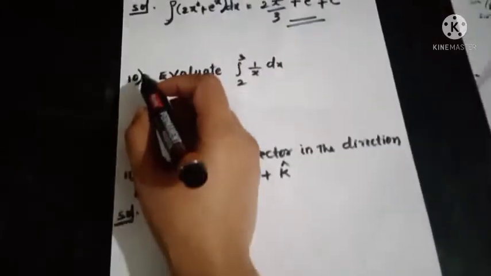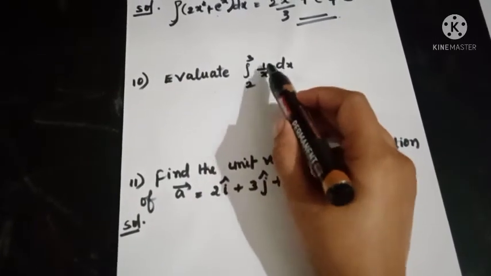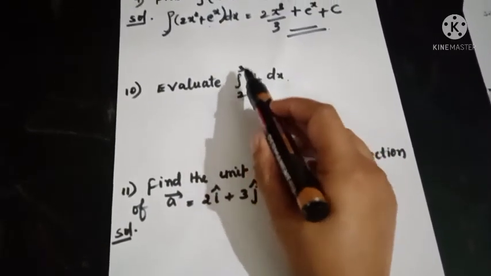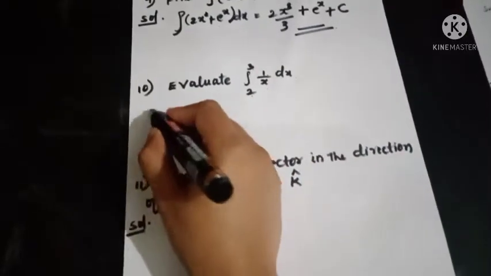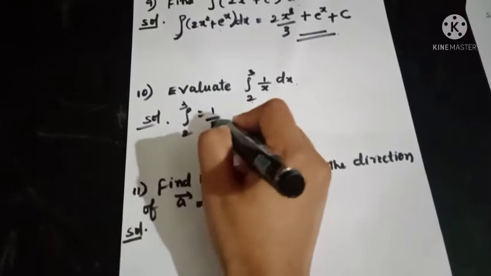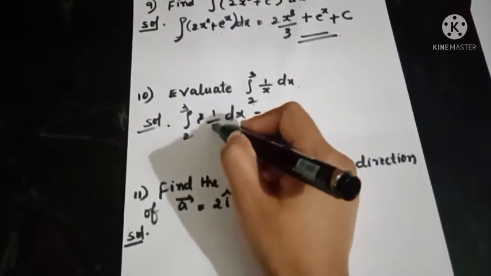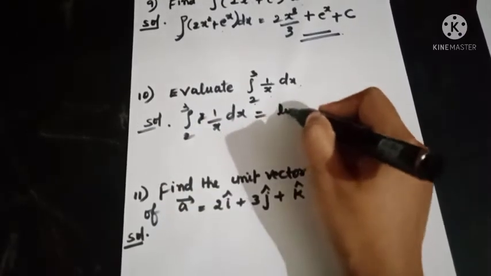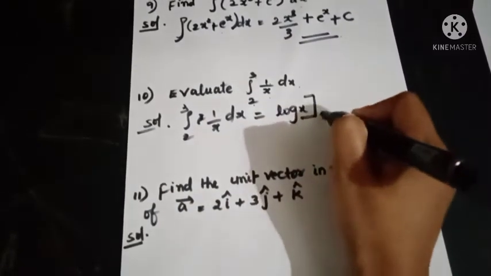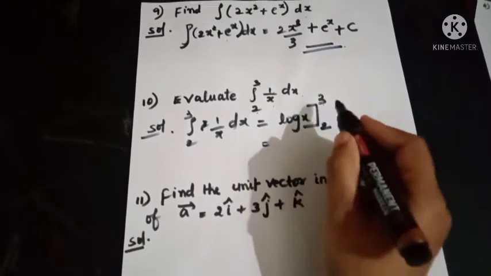Next, 10th question is evaluate the integral of 1 over x dx within the limit 2 to 3. Solution is if we integrate 1 over x dx, integration of 1 over x is log x within the limit 2 to 3. First apply the upper limit.